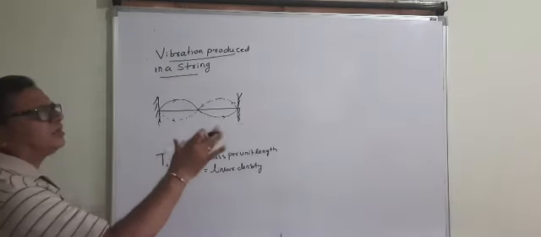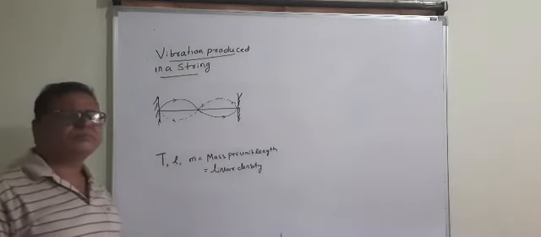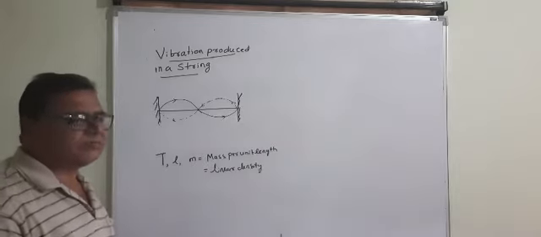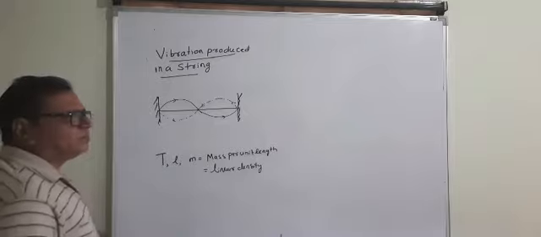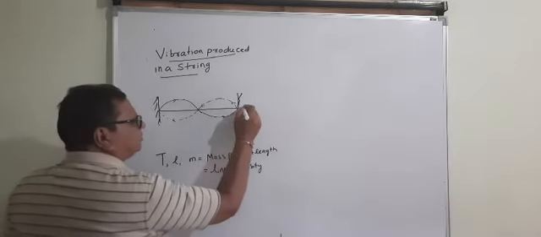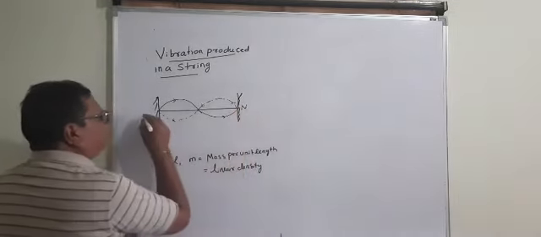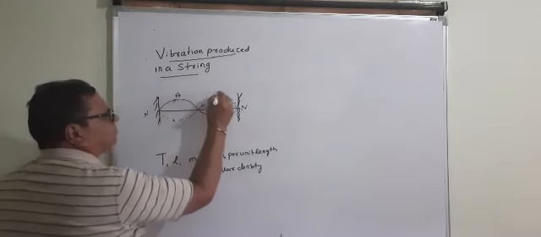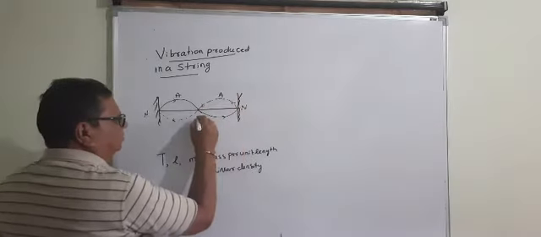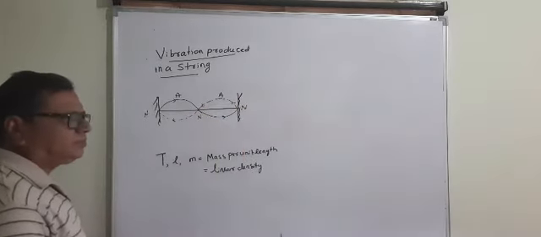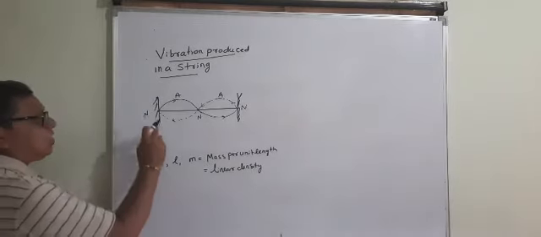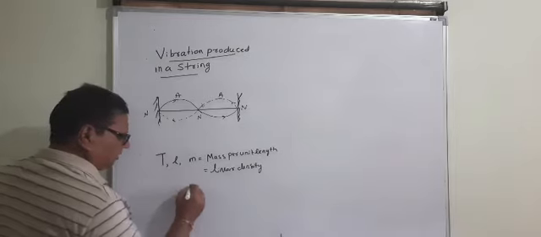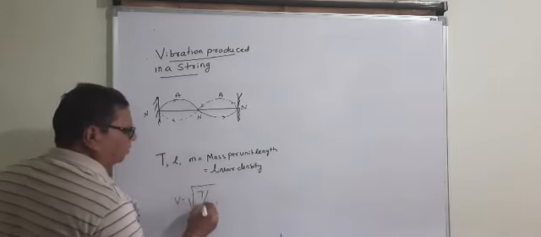Stationary waves are set up in the string, such that, due to the boundary condition, a node is always formed at the fixed point and an antinode is in between. The velocity of transverse wave in the stretched string is given by V is equal to under root T by m.